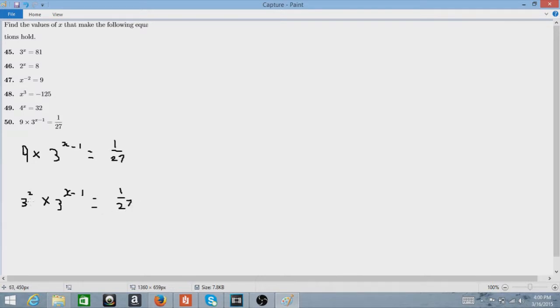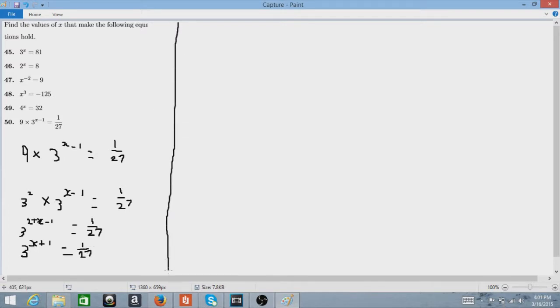If you recall the rule, when the bases are the same, you just add indices once we multiply. So we'll get 3 to the power of 2 plus x minus 1 equals 1 over 27. This will give me 3 to the power of x plus 1 equal to 1 over 27.